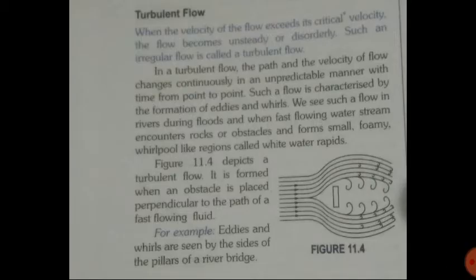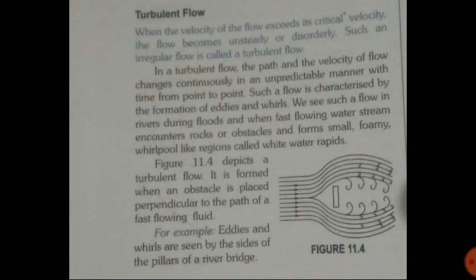Then we have turbulent flow. It occurs when the velocity of the flow exceeds the critical velocity. Now what is critical velocity? Critical velocity is that limit of velocity, the maximum velocity up to which our flow is streamlined. When the particles are flowing, they have a certain velocity.